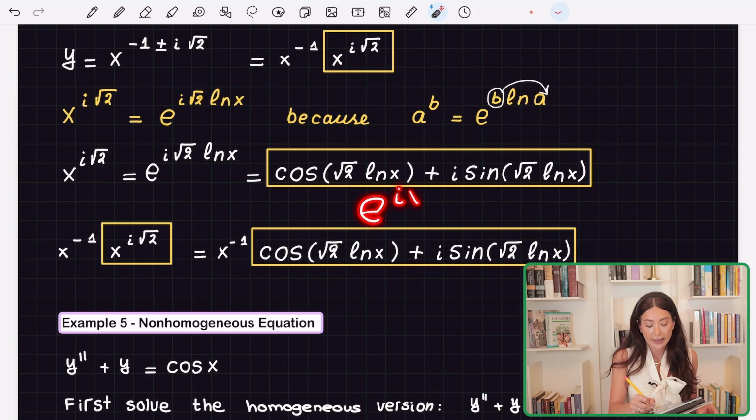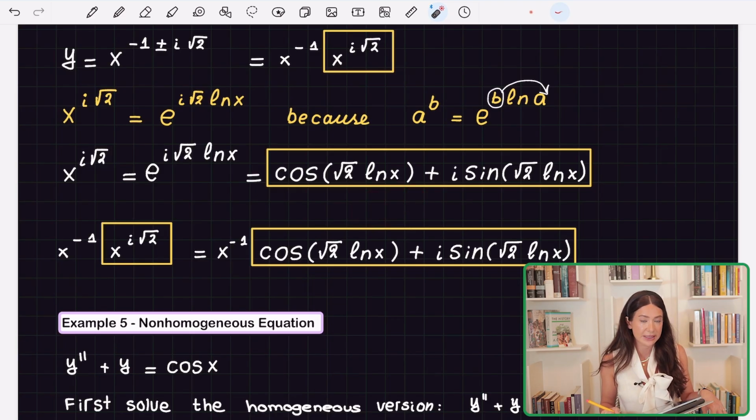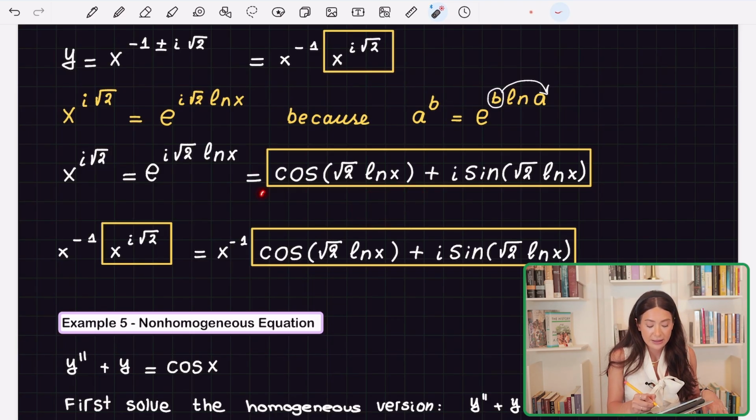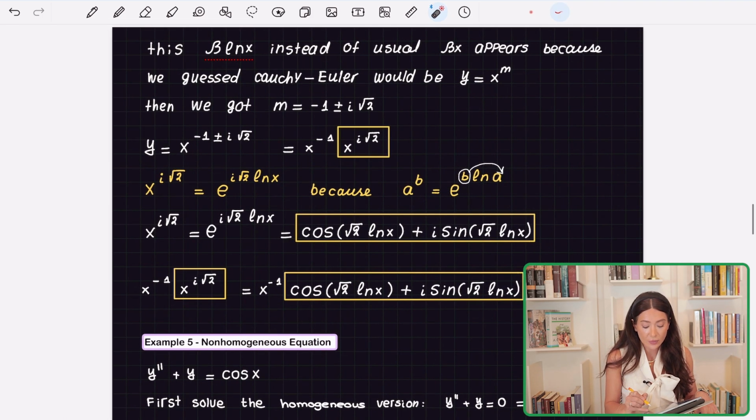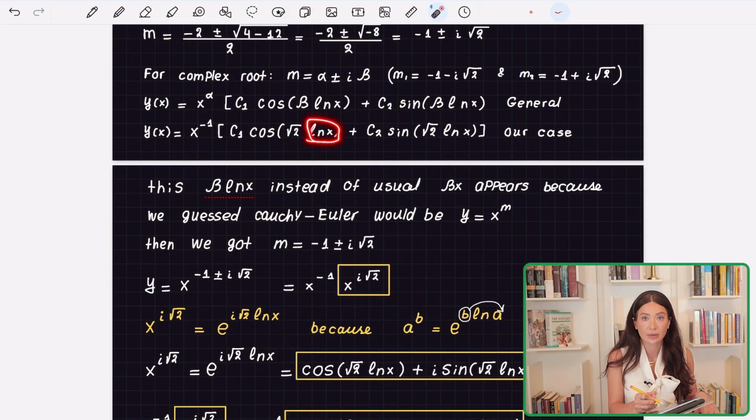Remember, e to the ix equals cosine x plus i sine x. And in my case, it's just square root of 2 ln x instead of x, right? This whole thing is the argument. So this is my Euler's formula. And this is how ln x ended up here, right?